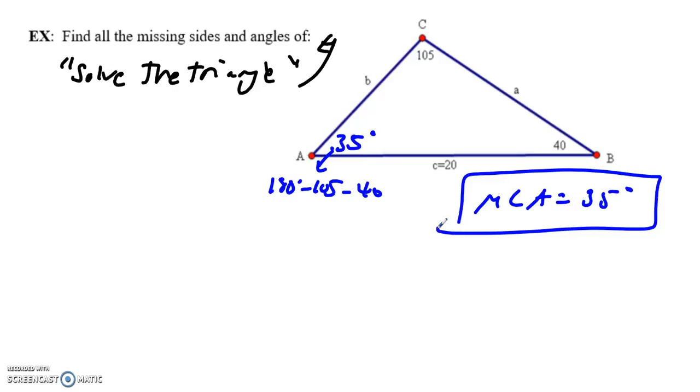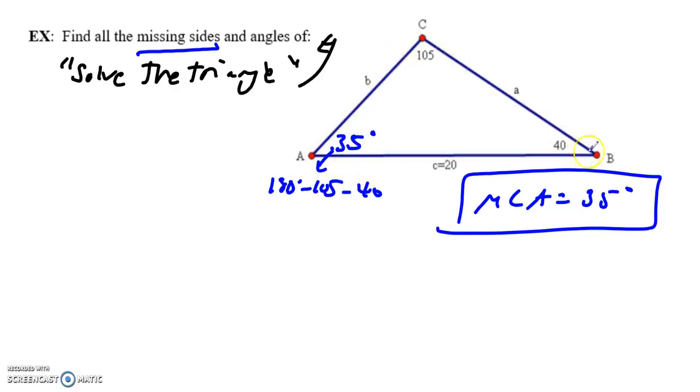But the question is, how do I use the law of sines to find the missing sides? We could draw an altitude, but I think that's more trouble than it's worth. So let's start with what we had.